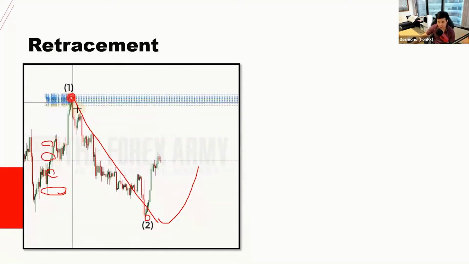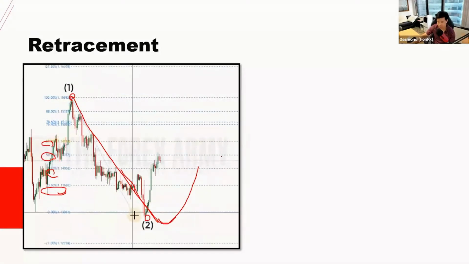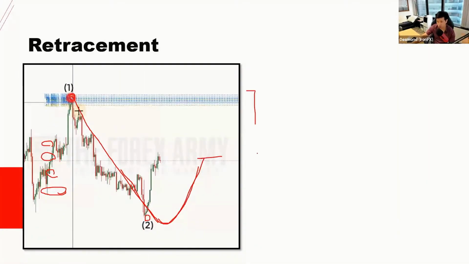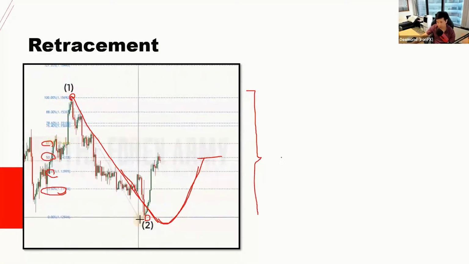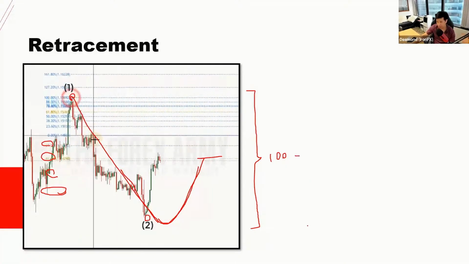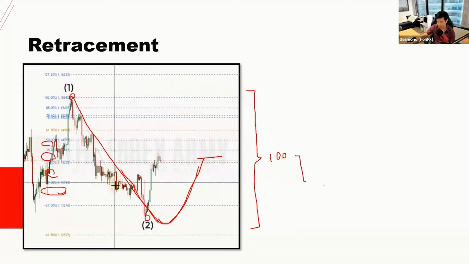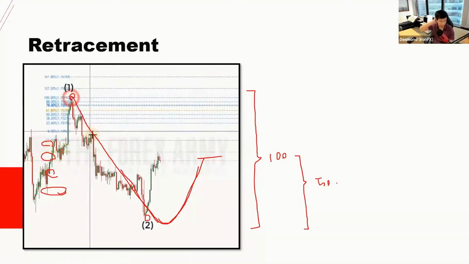This basically means how far you're retracing. If the total drop was 100 pips and you retrace 50% of the move, it means price has moved back up by 50 pips.